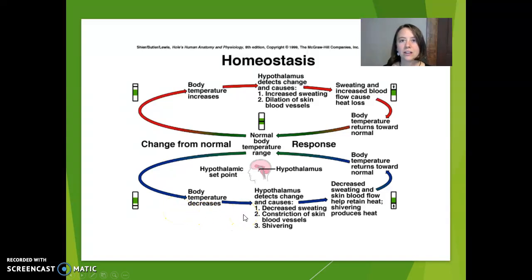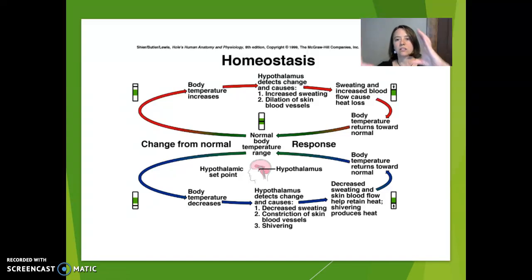Three things happen here. The hypothalamus detects the change and causes decreased sweating, constriction of skin blood vessels, and shivering. The decreased sweating will reduce heat loss due to when the sweat evaporates.